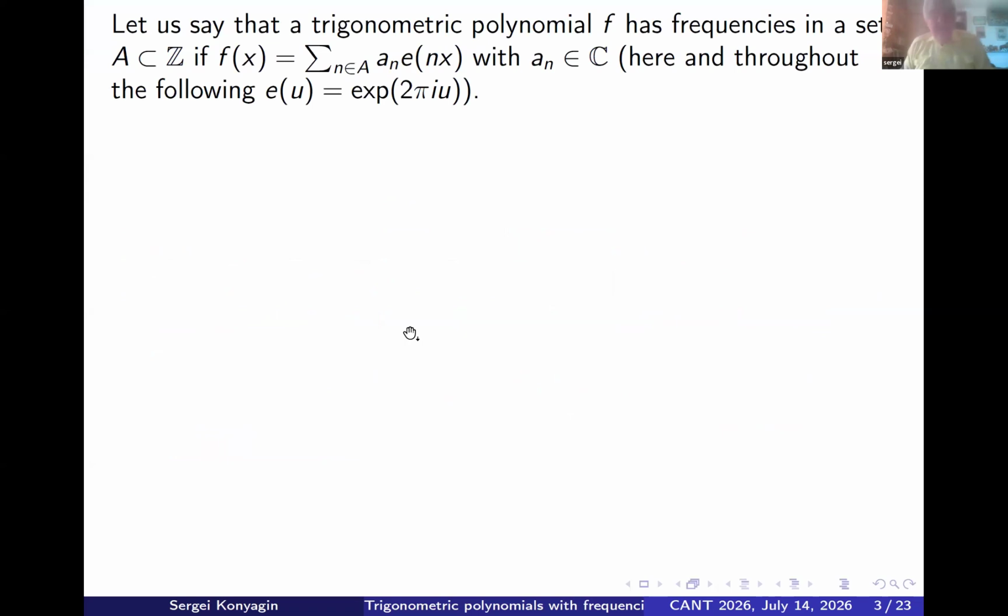Okay. Now let me recall some notation. By e(u), I denote the exponent. We consider trigonometric polynomials.